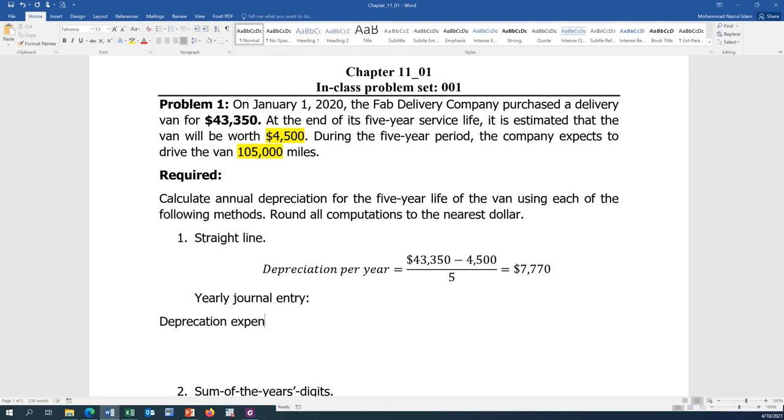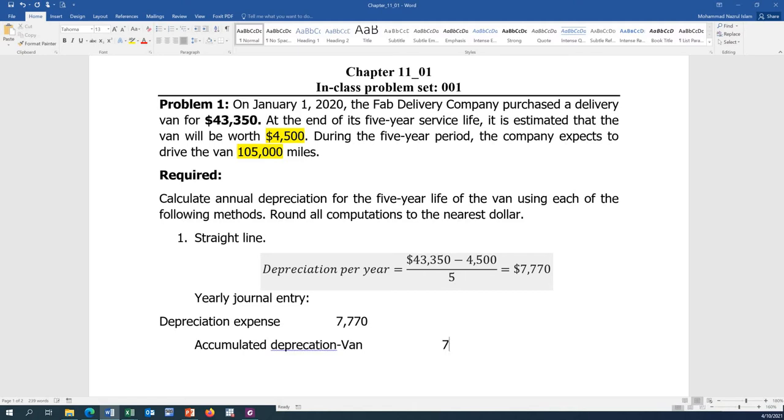So the yearly journal entry would be a debit to depreciation expense, 7,770, and then accumulated depreciation. We need to write the name of the asset after accumulated depreciation.